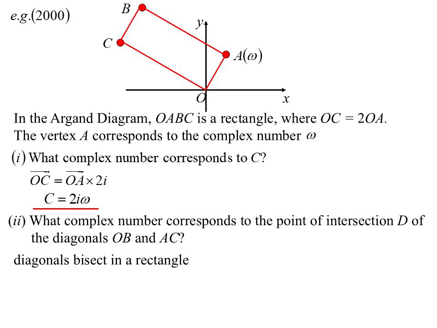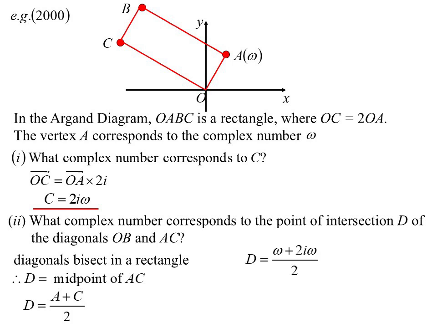But I do now know what C is, and I know what A is. That makes more sense. So we'll find D as the midpoint of AC. Midpoint, well, remember A and C are points, so I'm just adding the two together, dividing by 2. So whatever A is, whatever C is, I'm going to divide that by 2. And we know both of those, and there's an expression for D. Half plus i times omega.